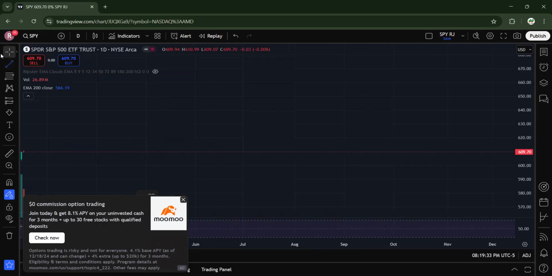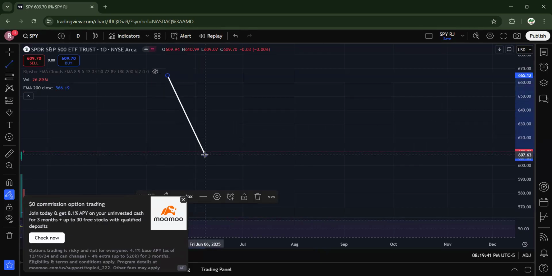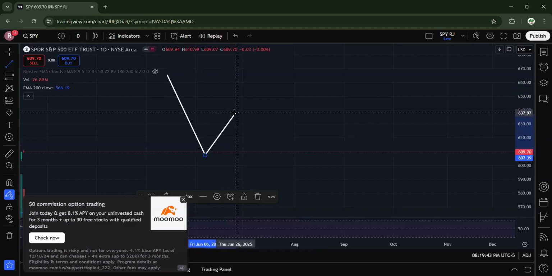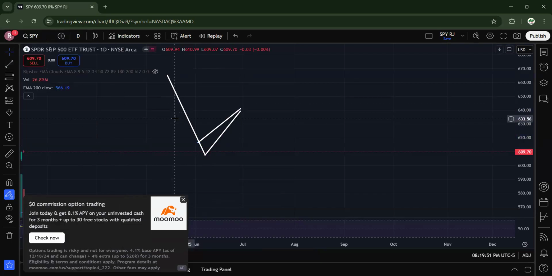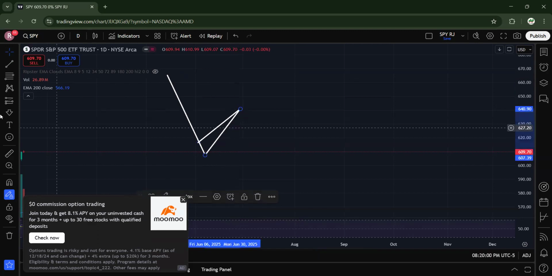What a rising wedge looks like is a stock that has had a down move, and then it has a sharp up move. The sharp up move will look a little something like that. The wedge kind of looks like a bear flag a little bit, but the main difference is as it gets higher, the wedge gets tighter and tighter and tighter.